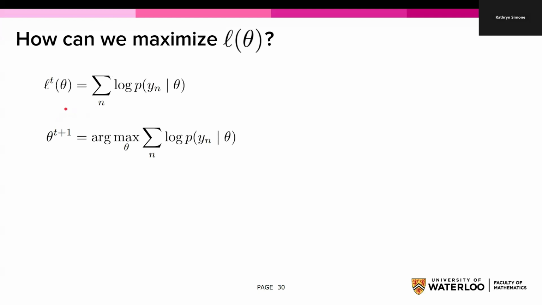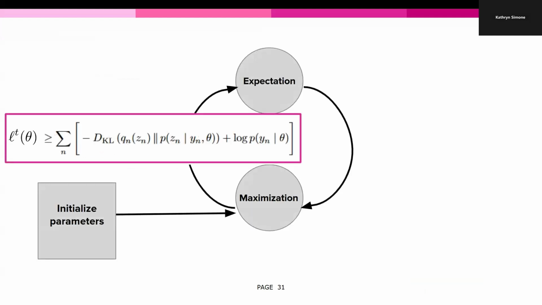Our task is to sum the log of the likelihood across all data points and find the parameter values that maximize that sum. And so, at this point, since we already computed the distributions over the latent variables, those terms become essentially constants in the M step.